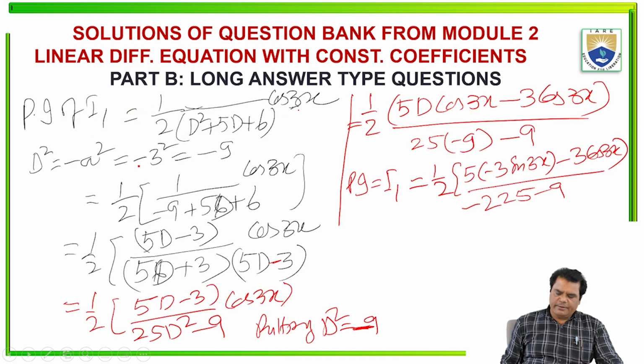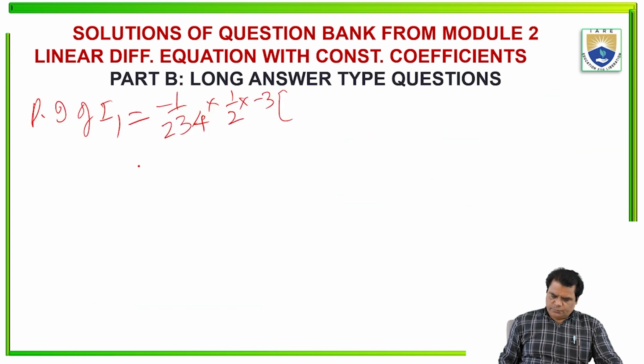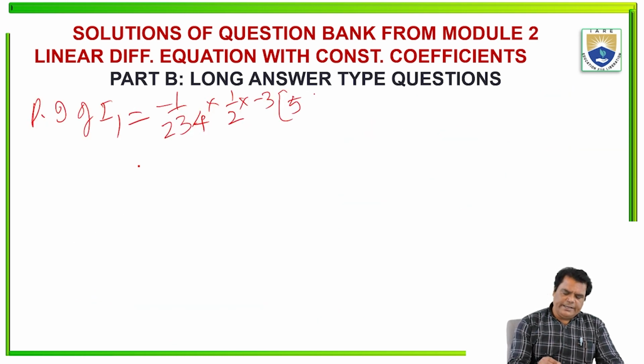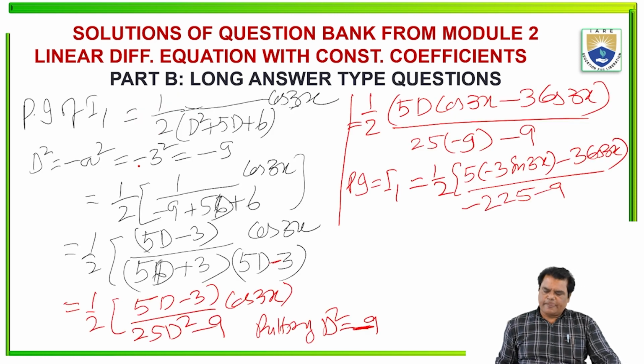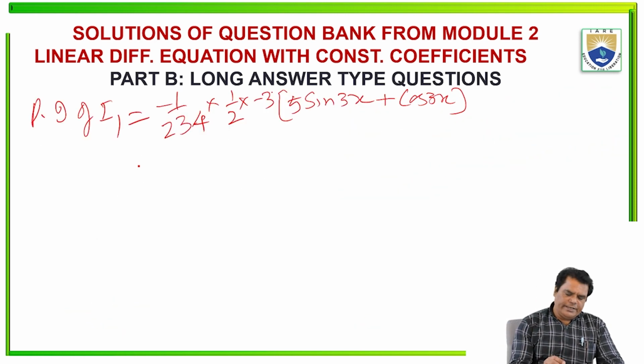So what happened here? 5 sin 3x plus cos 3x. Now 3 cancels with this. 3 7s are 21, 3 8s are 24.